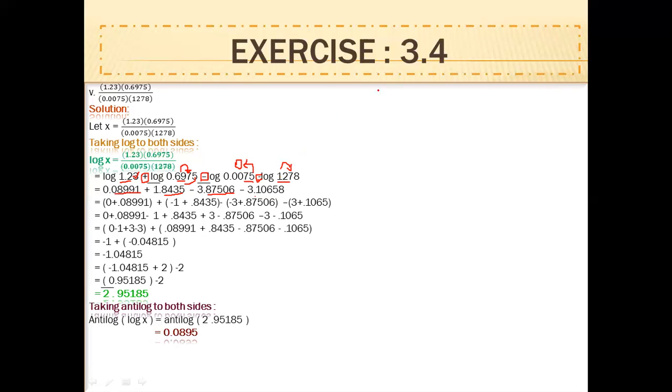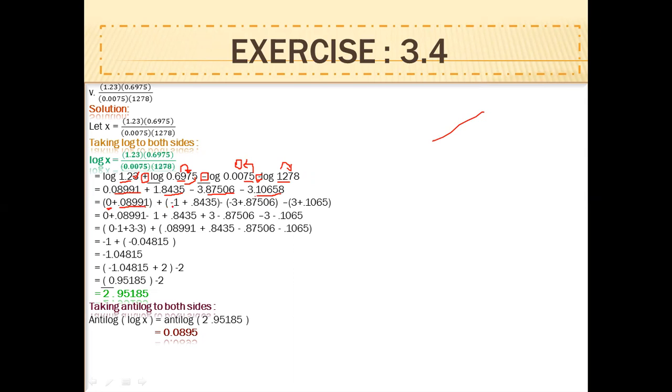The number is 3.10658. So the mantissa of 1278 is 0.10658.